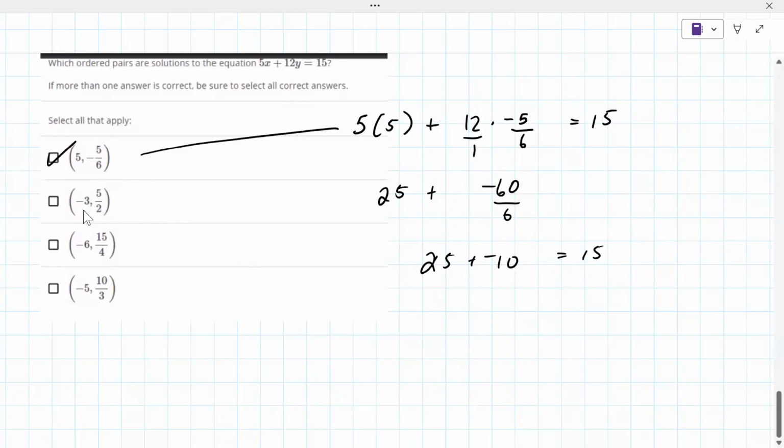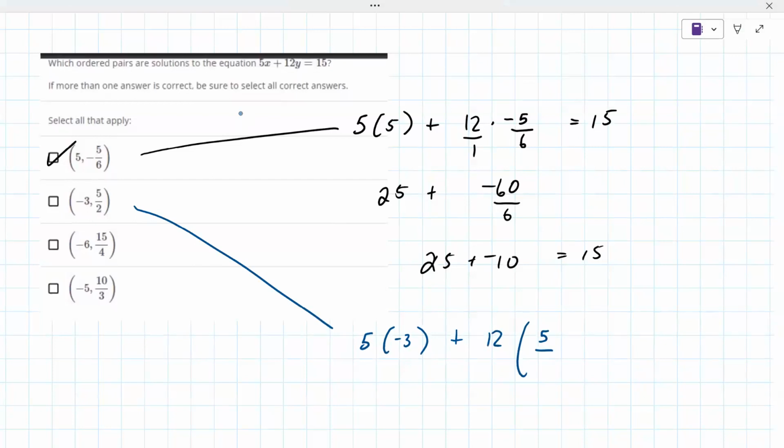Why don't you try the next one on your own here? I'm going to start by writing it for you. It's just like the last one. Actually, let me write it just like the last one.